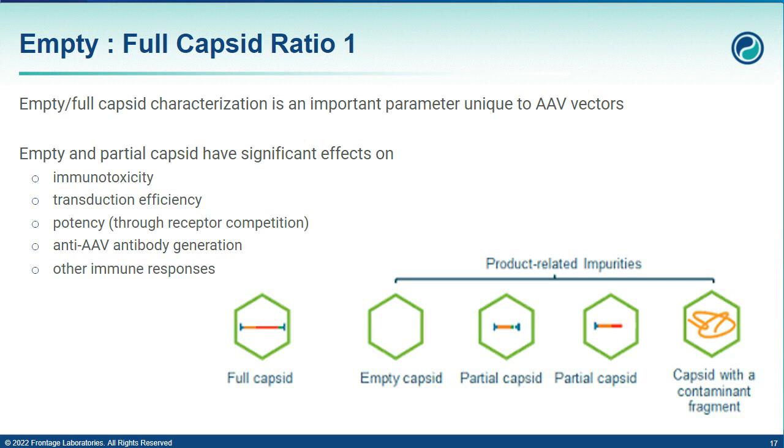Therefore, empty-full capsid characterization is an important parameter unique to AAV vectors. Empty and partial capsids have significant effects on immunotoxicity, transfection efficiency, and potency, and sometimes cause anti-AAV antibody generation and other immune responses. That's why empty-full capsid characterization is important for AAV vectors.